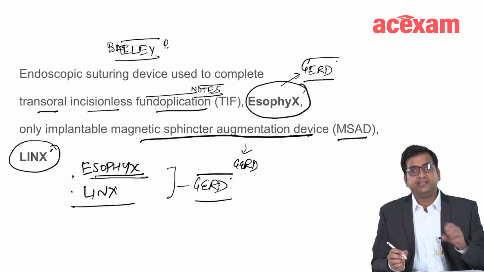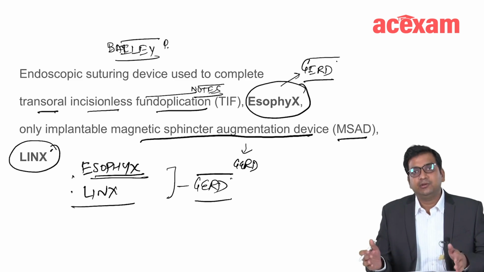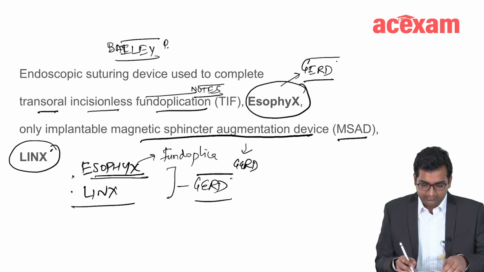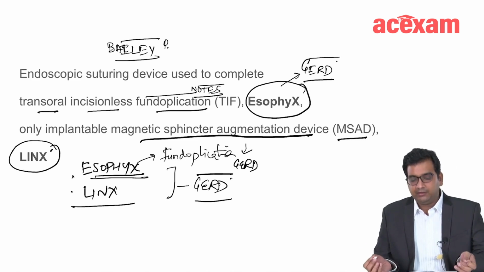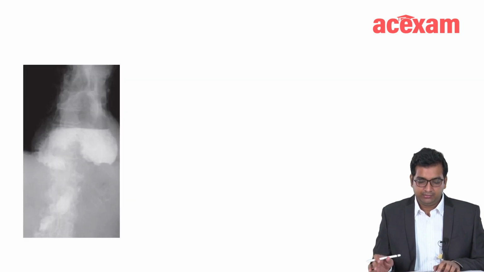In the first, we are fixing, there is some suturing, we are doing some fundoplication here. But this is the magnetic sphincter augmentation device, or MSAD, which is LINX. Okay, these are a few points about GERD.